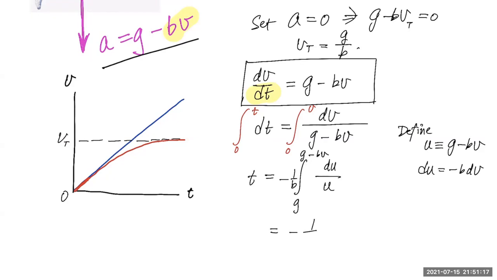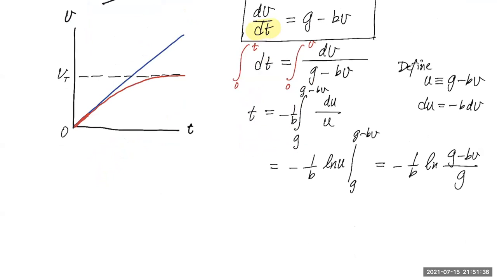It's just the natural log of u, going from g to g minus bv. And we all know how to do that. That's negative 1 over b, natural log of upper limit over lower limit, so it's g minus bv over g. That is what t equals. But I don't want to know what t equals.